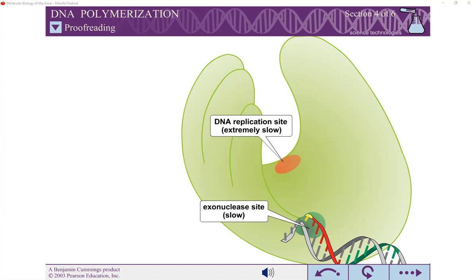Processivity refers to the ability of an enzyme to catalyze many consecutive reactions without releasing its substrate molecule. So processivity refers to the addition of a large number of substrate molecules without releasing the substrate.